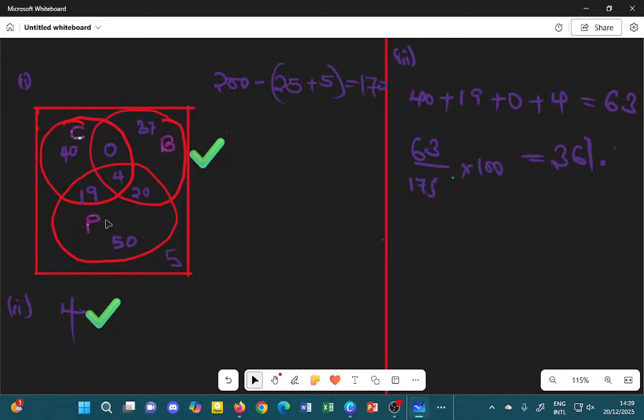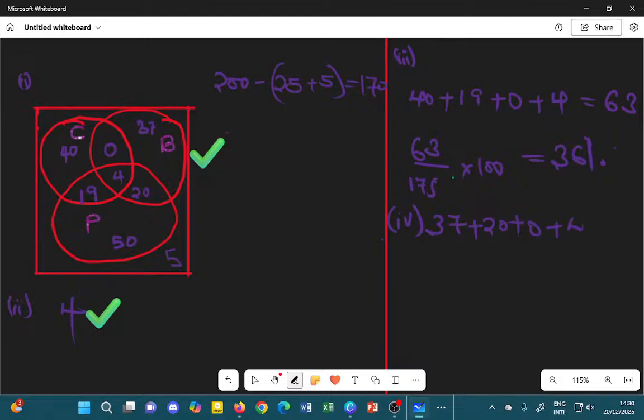The proportion that liked the brand name will be those who like brand name only, which is 37 from the diagram, and then those who like brand and packaging only, which is 20, plus those who like brand and color only, that is 0.